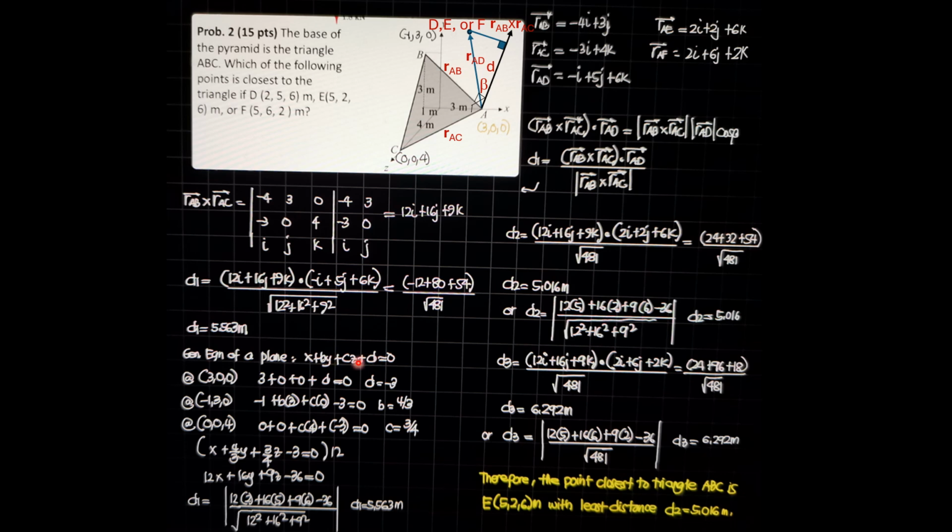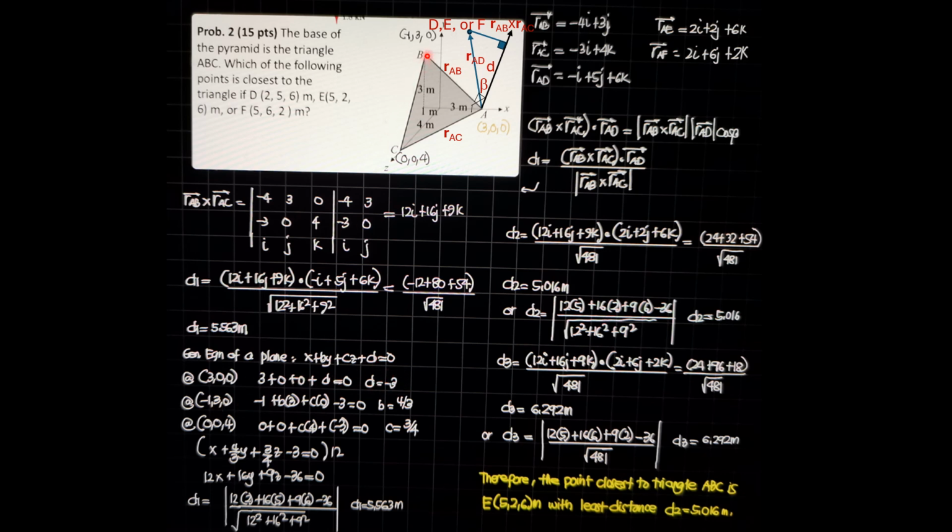So it reduces to this. Then there are 3 unknowns, b, c, and d. Then there are 3 points here. At A first, 3, 0, 0, then x is 3, y 0, z 0, then plus d equals 0. That's why d is negative 3.